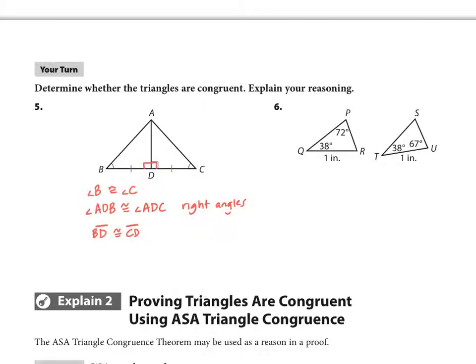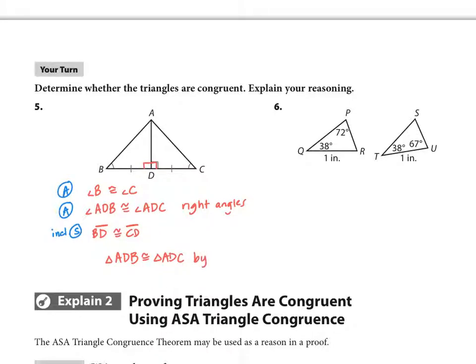So we have our three parts. We have a pair of angles, another pair of angles, and then the included side, which means the triangles are congruent. So we can say triangle ADB is congruent to triangle ADC. Remember, order of the letters is important here.